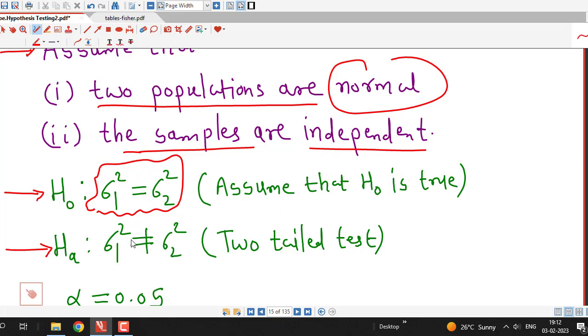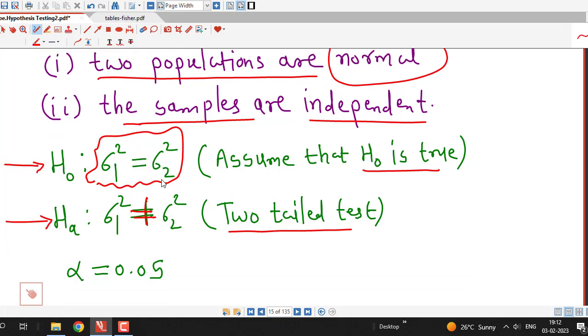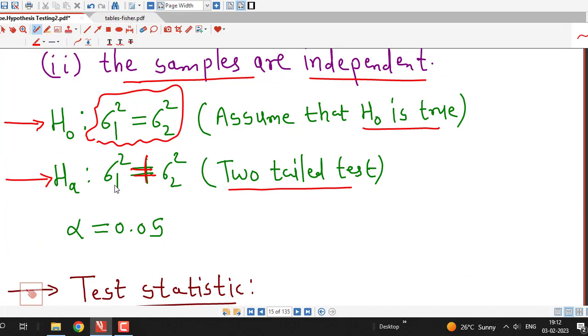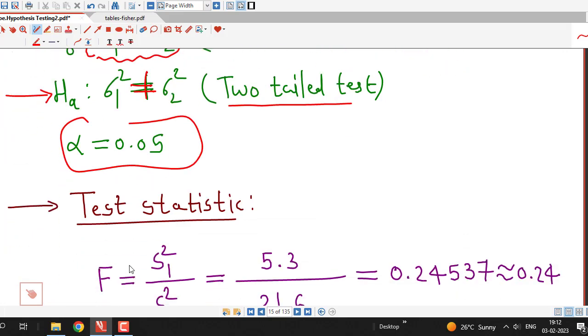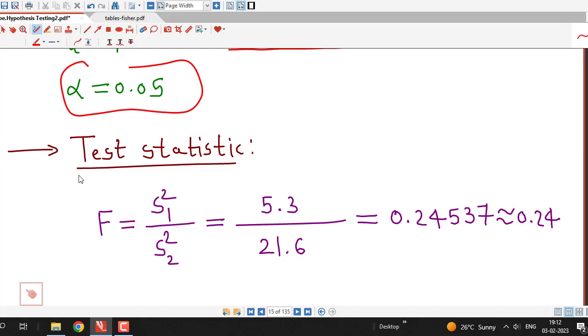And because we have this not equal sign, it is a two-tailed hypothesis test, and we are assuming that the null hypothesis is true, and we are testing this null hypothesis using the F test, and the level of significance is given as 5%.